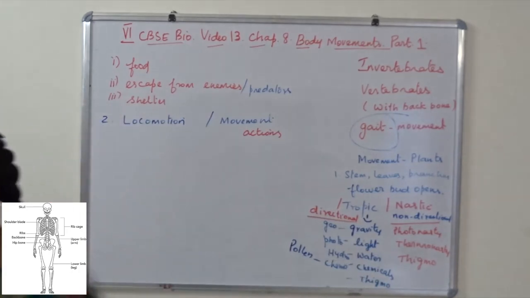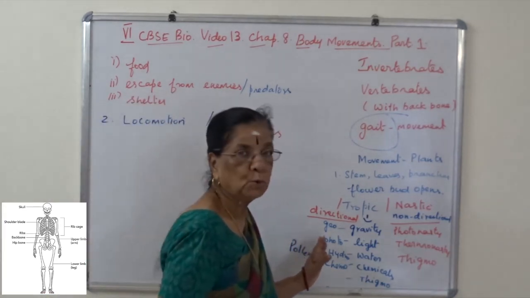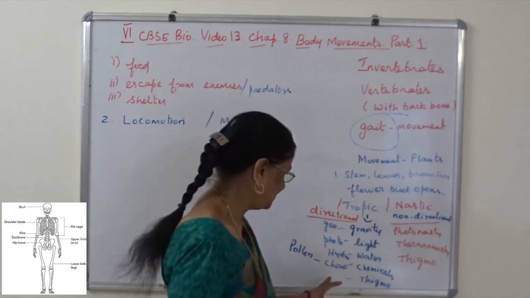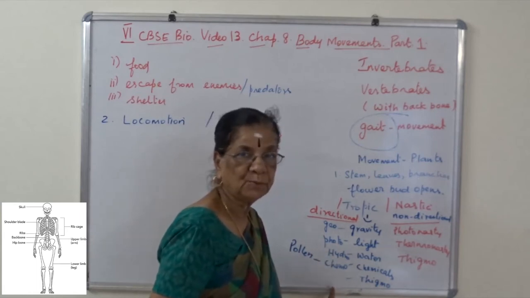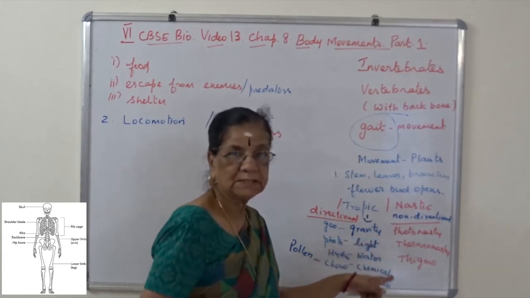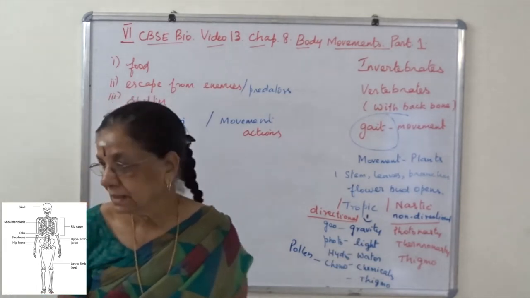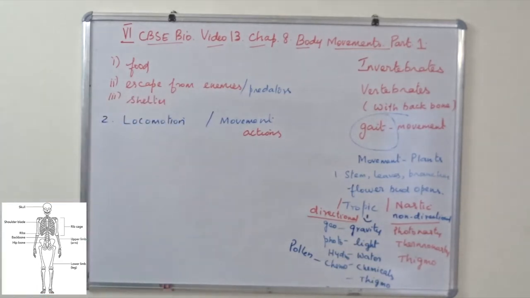So we say tropic movement is tropism, and nastic movement is nasty. This is geotropism, phototropism, hydrotropism, chemotropism, tigmotropism. This is photonasty, thermonasty, tigmonasty. I hope you understand. So this is for plant movements.